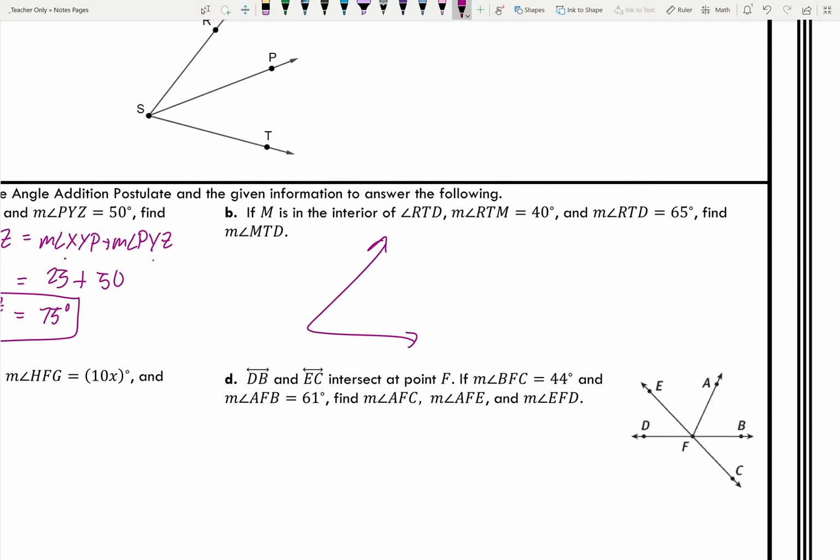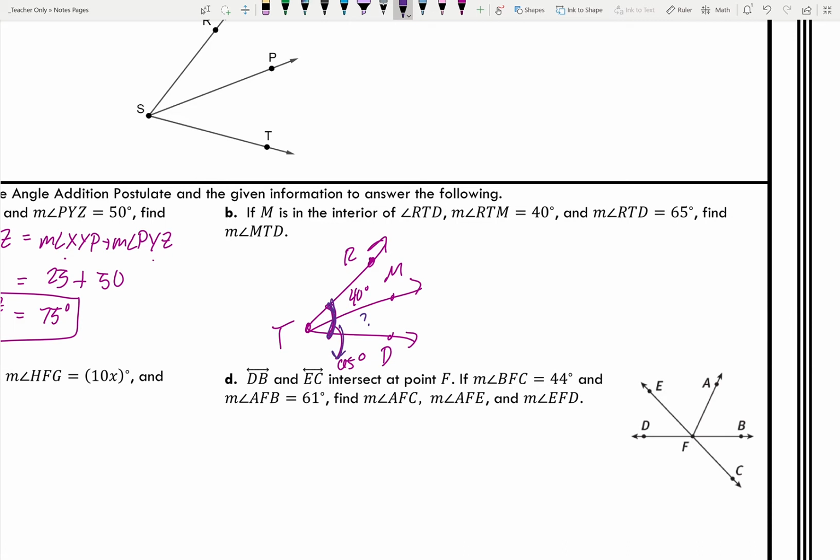If M is in the interior of angle RTD, and angle RTM is 40 degrees, and then RTD, the entire thing, is 65 degrees. I'll put that in purple. We want to find the measure of angle MTD.